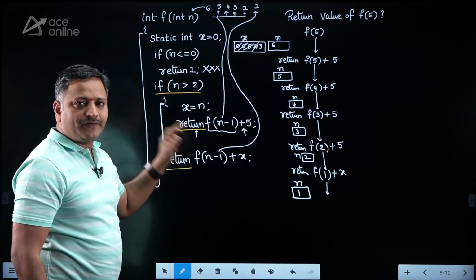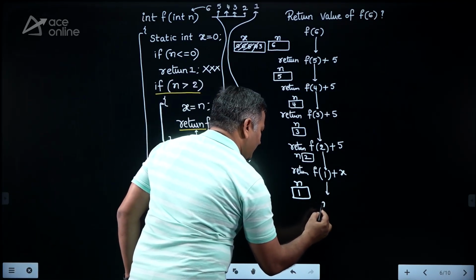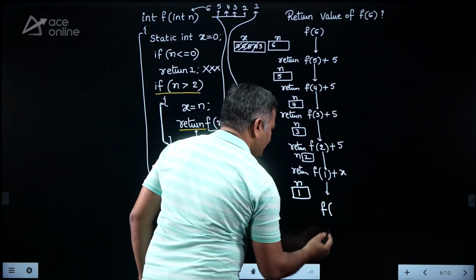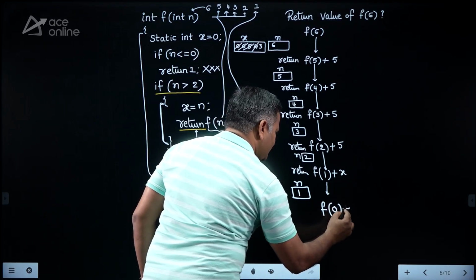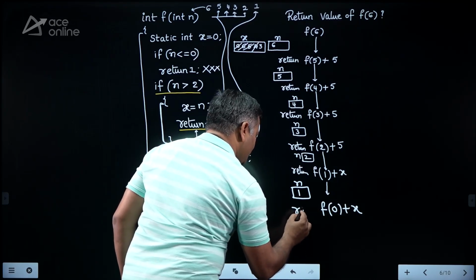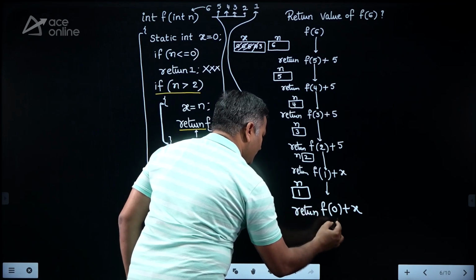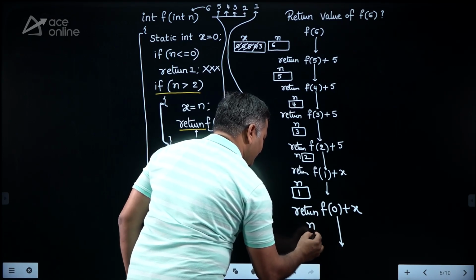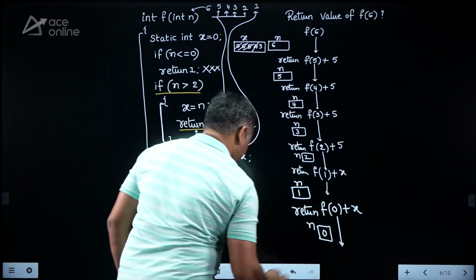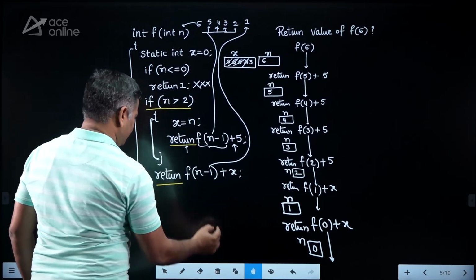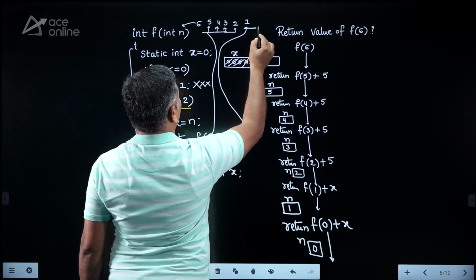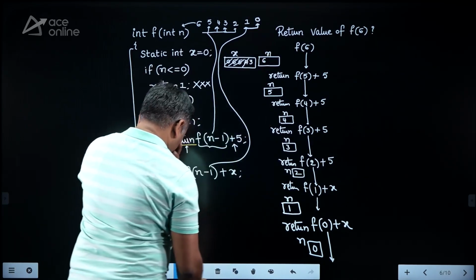Therefore, again I call f of n minus 1 plus x, that is f of 0 plus x, and then the return statement. Finally, I am calling with input 0. Therefore, n value is equal to 0.